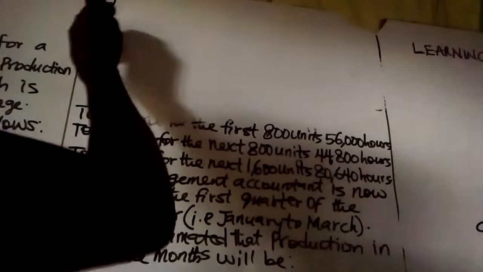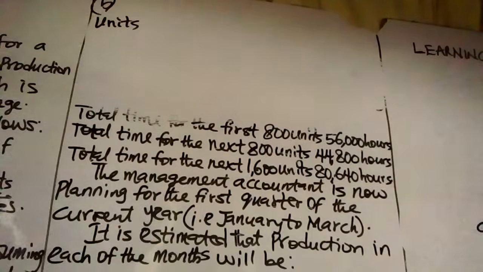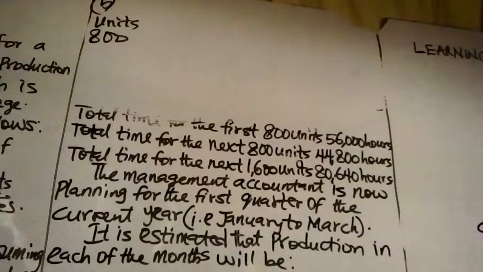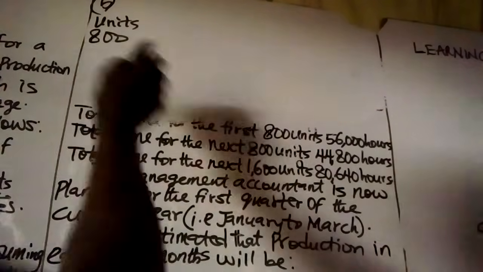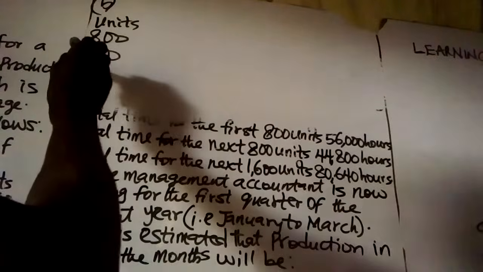You have been given the units. The first unit is 800 units. The second unit is also 800 units. The third unit is 1,600.